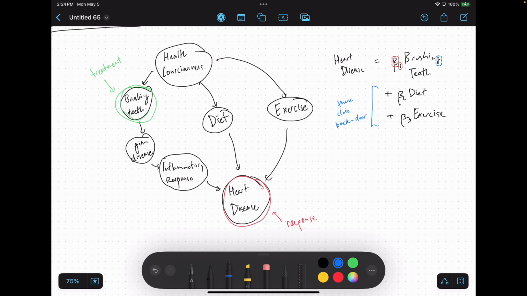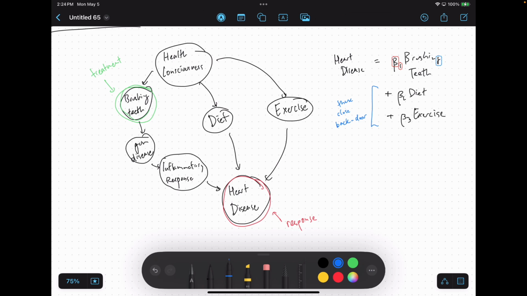So the idea here is to keep your front door open, and we do that by not controlling for any of the mediators. And then we want to close the back doors by controlling for variables in the path of the back door. Okay.